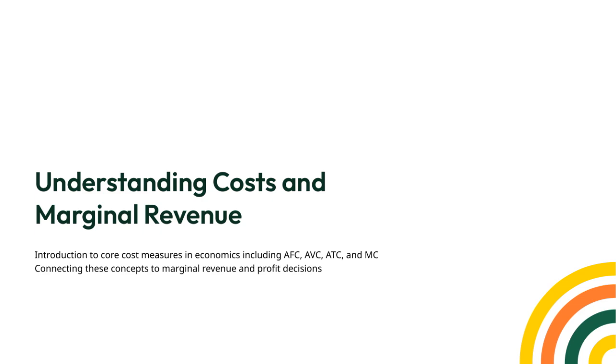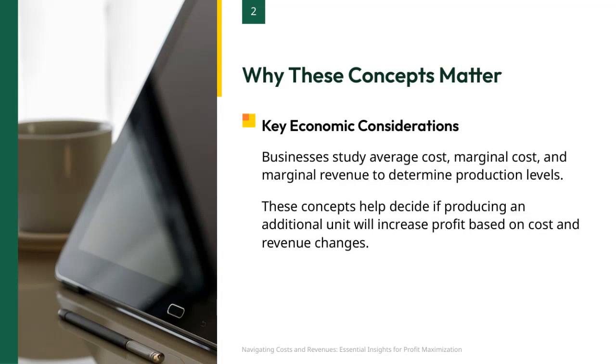Let's get started. When businesses consider how much to produce, they focus closely on average cost, marginal cost, and marginal revenue. These economic concepts are critical because they help determine the optimal production level. Average cost tells us the cost per unit on average, while marginal cost shows the expense of producing one more unit.